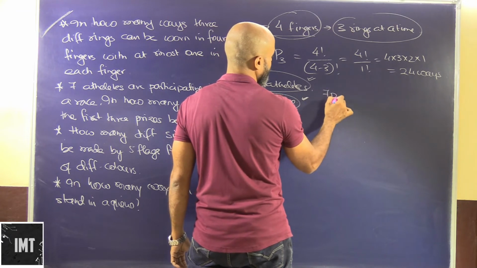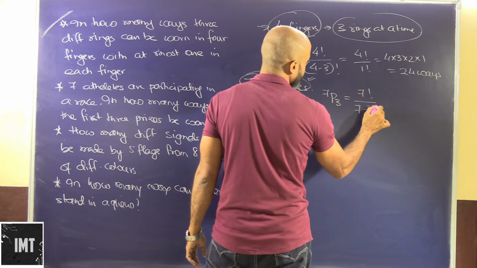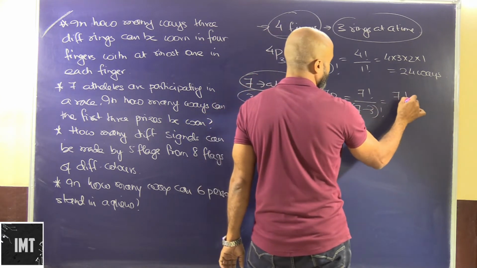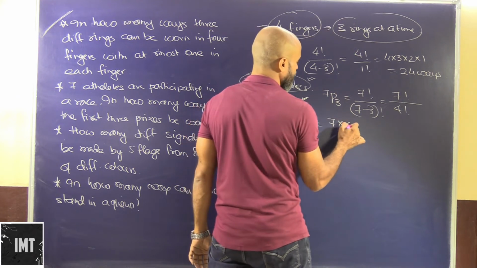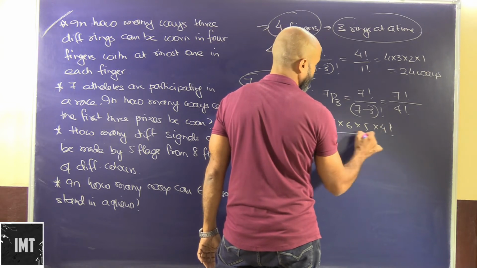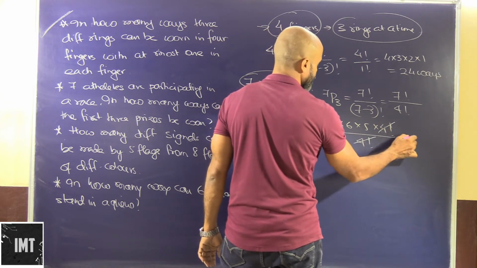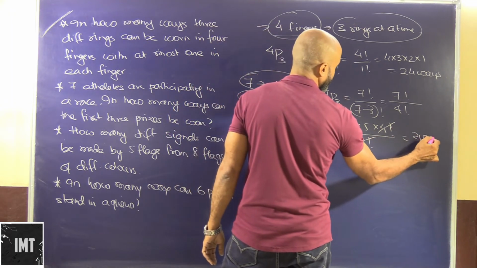So this will be 7P3, that is 7 factorial upon 7 minus 3 factorial, that is 7 factorial upon 4 factorial. This will be 7 into 6 into 5 into 4 factorial upon 4 factorial. So 7 6s are 42, 42 into 5 is 210 ways.